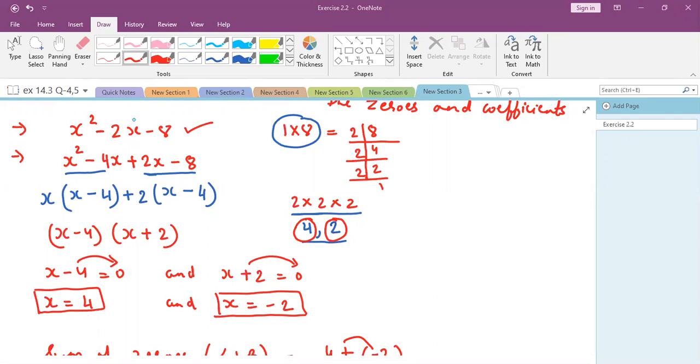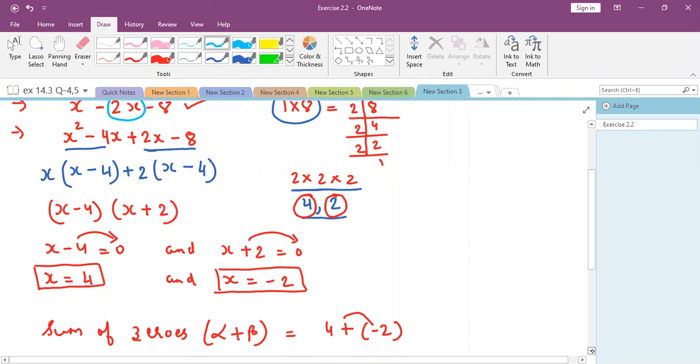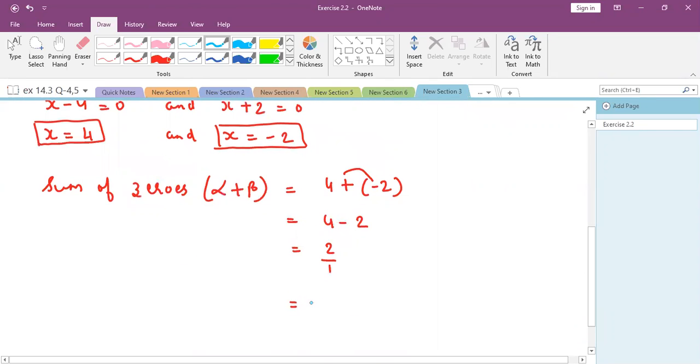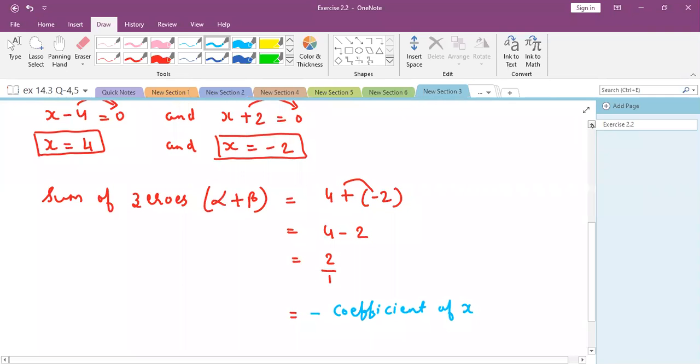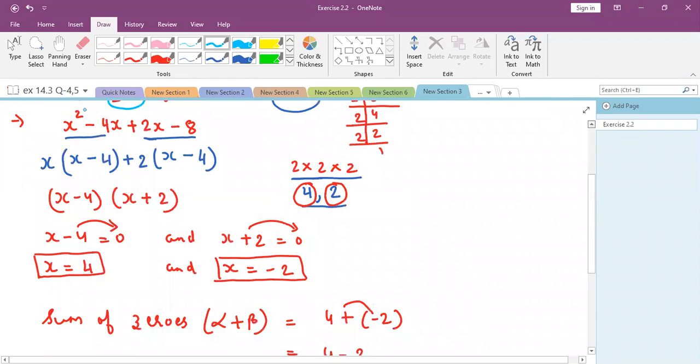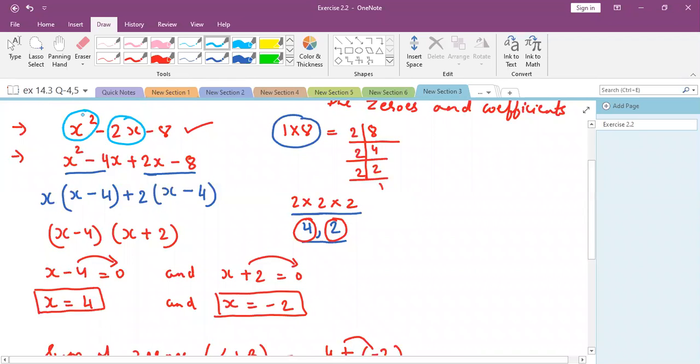Here if you see, 2 is the coefficient of x, right? So in place of 2, although it is minus 2, we can write here minus coefficient of x. And the denominator is 1, because x square is not having any coefficient, so definitely it will always be 1.